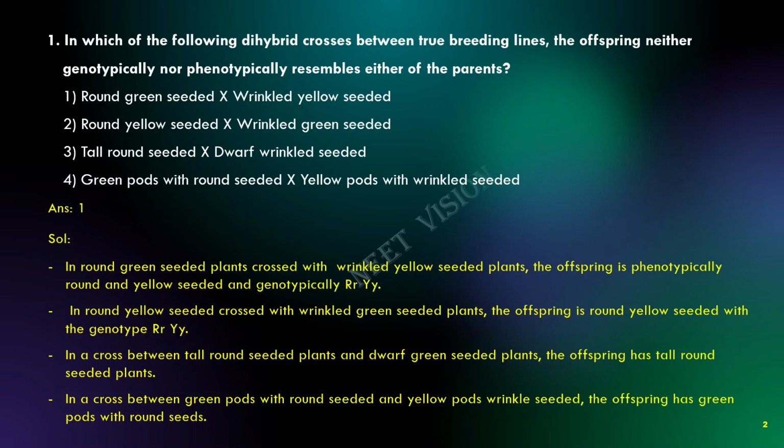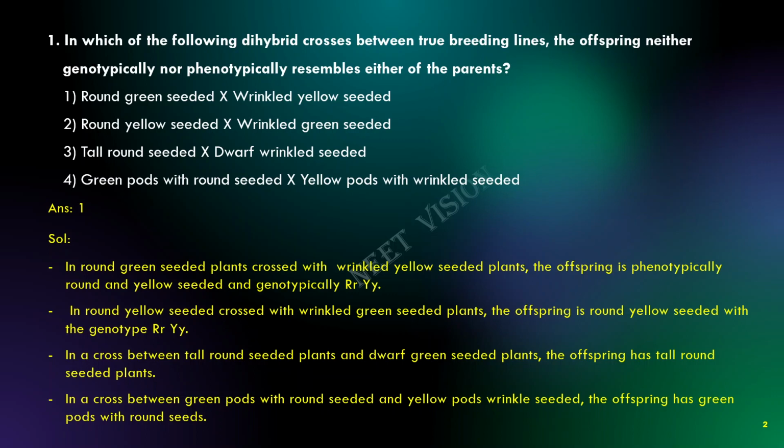Green round resembles one of the parents. So genotypically it is different, but phenotypically it resembles the green round seeded one.